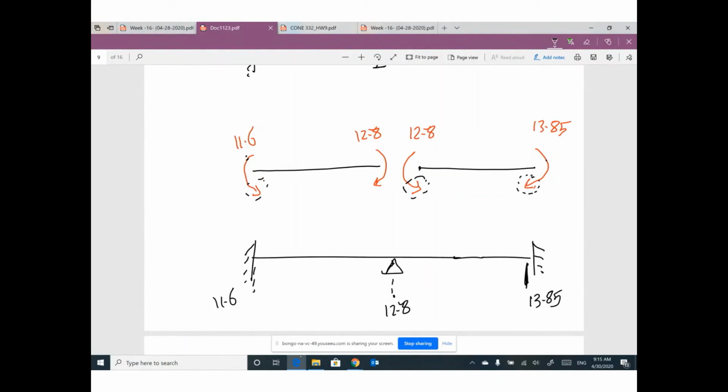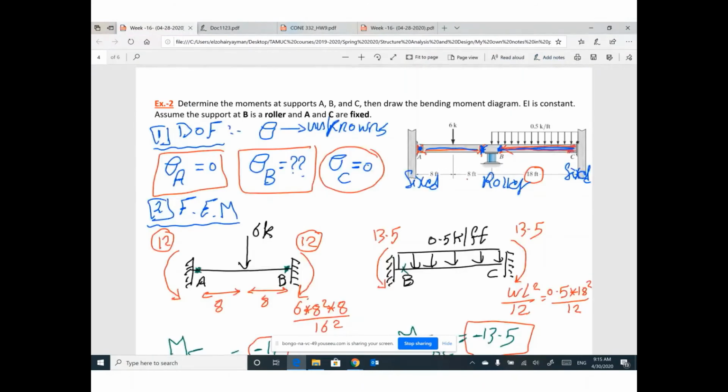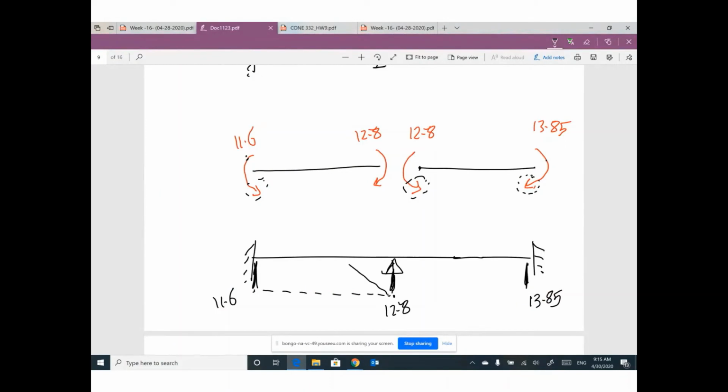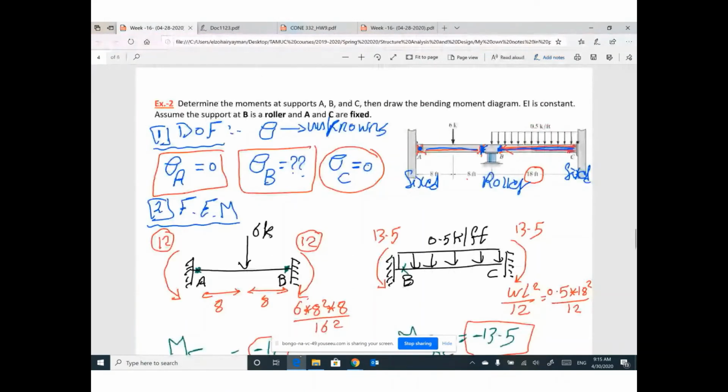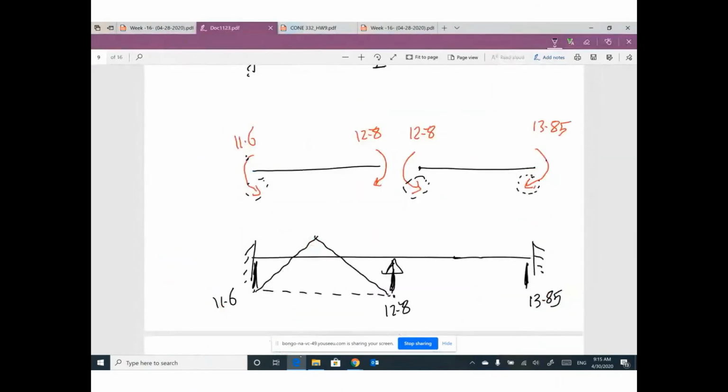Between this value and this value, I will draw a dashed line. Originally, we have concentrated load. So I'm going to hang this triangle. On this member, we have distributed load. So I will connect by dashed line and I will hang a parabola.